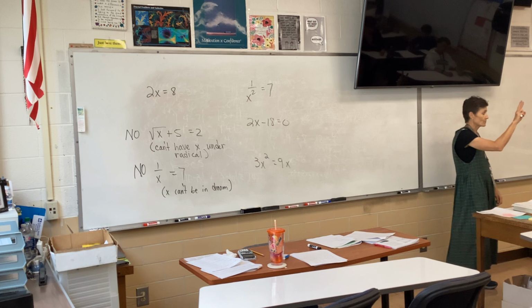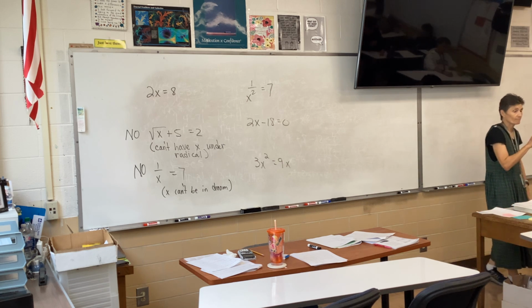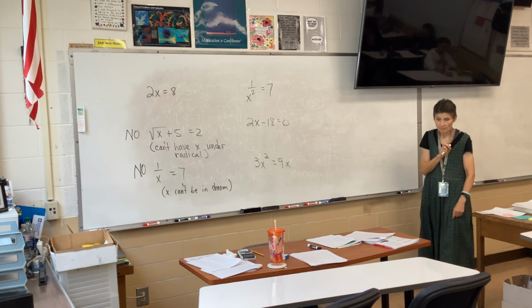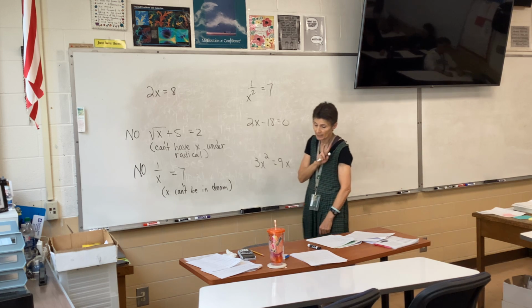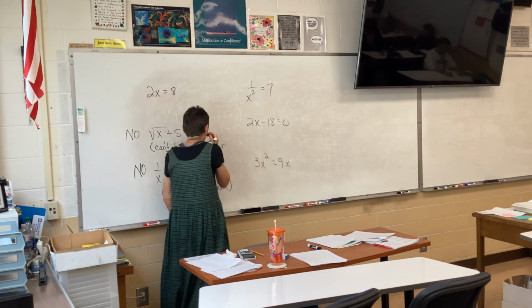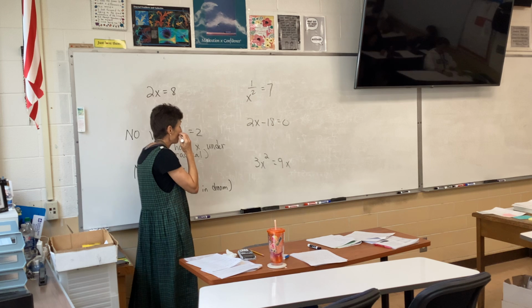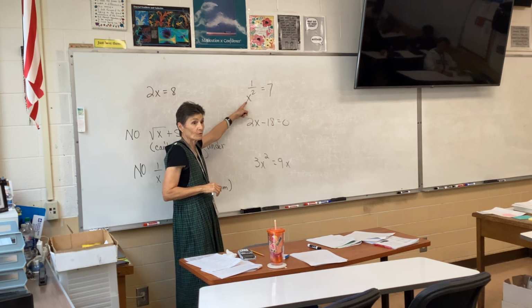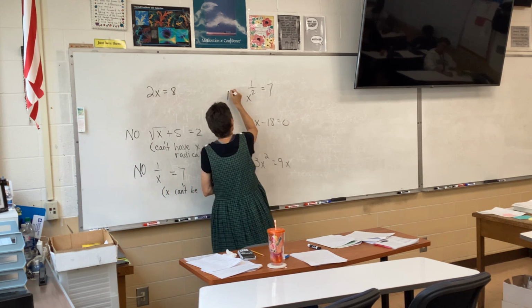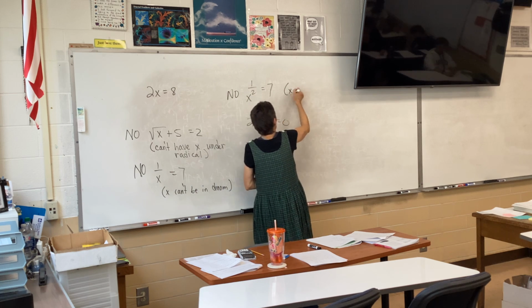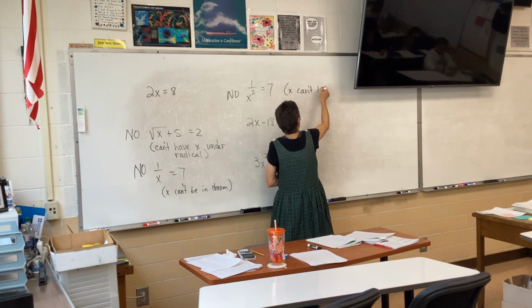So far we have two rules. There's another one, but we have two so far. x can't be under a radical, x can't be in the denominator. Okay? Now, that kind of rules out this one. Would you agree? Okay, so this is a no. x can't be in the denominator.